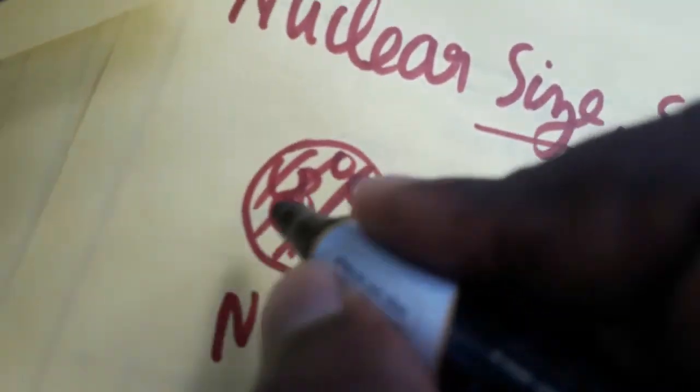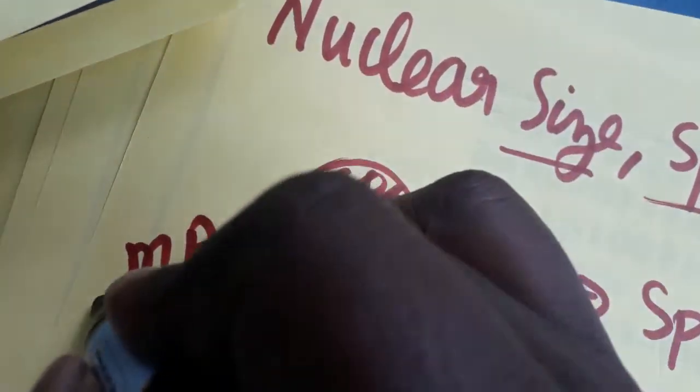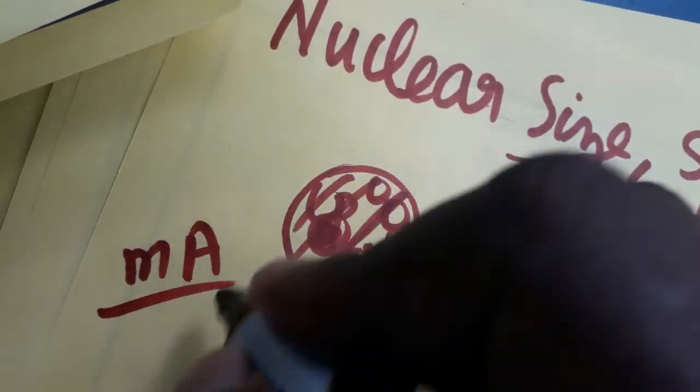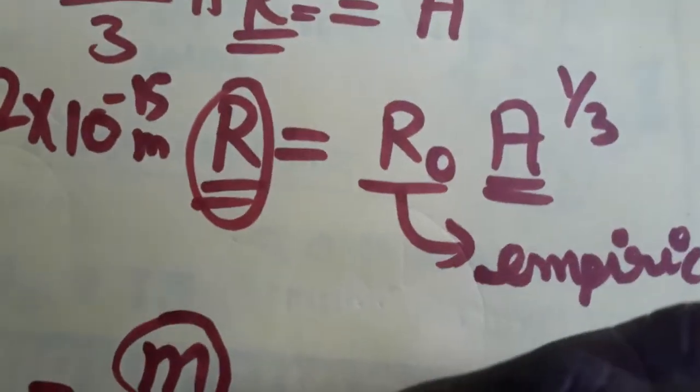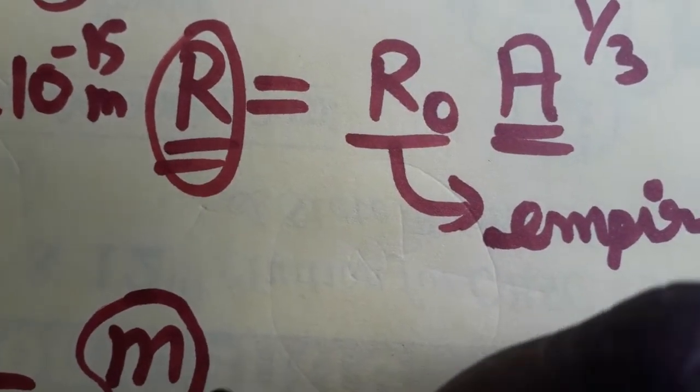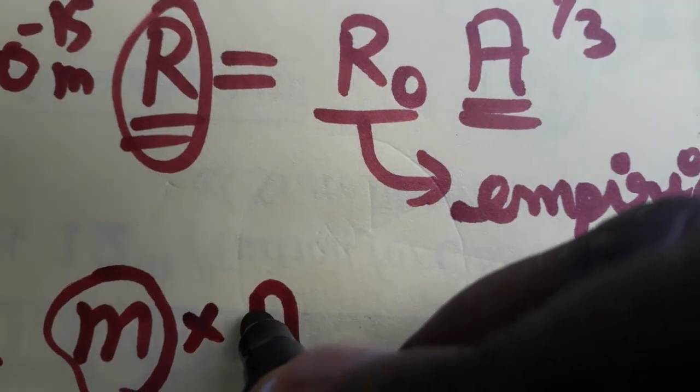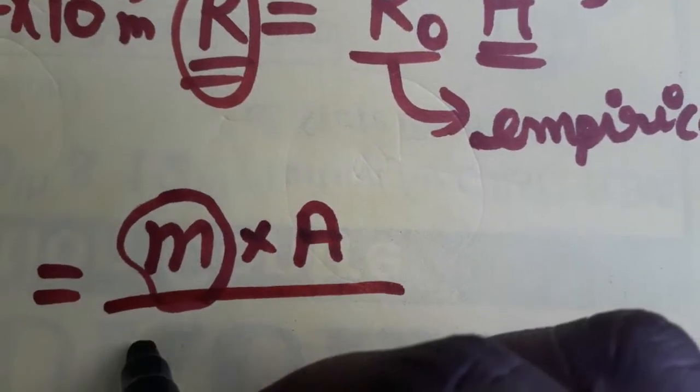Each small mass I take as m, and m into A gives the total mass. Here m is the mass of each particle, protons and neutrons together making the whole mass. So total mass is m into A, divided by volume.